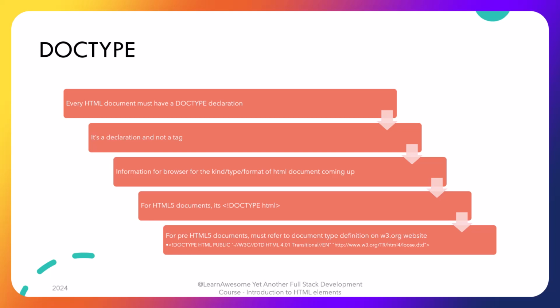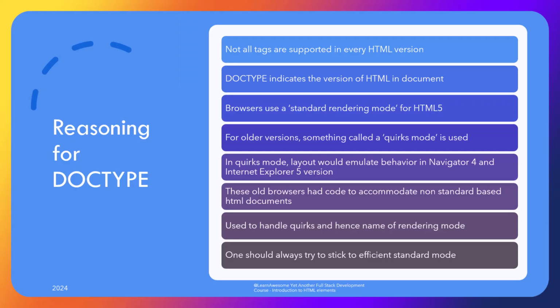For HTML5 documents, it is as simple as less than sign, exclamation mark, doctype, space, html, and tag close. For older documents like HTML4 or XHTML, it must refer to a document type definition present on the w3.org website, just like given in the slide for HTML4. From our history slide, you would know that not all tags are supported in every HTML version.